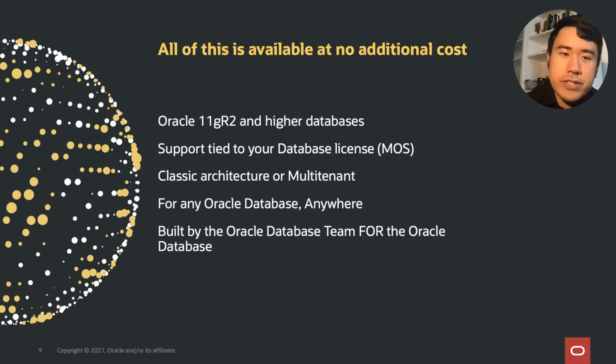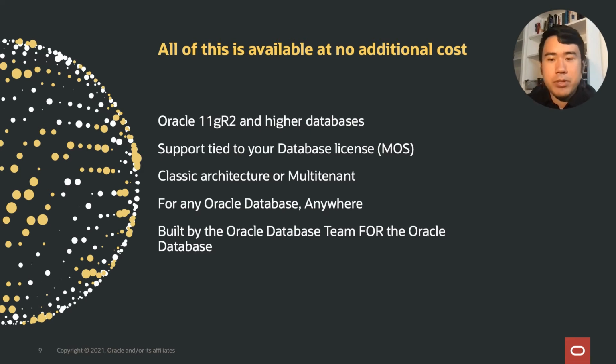All of those features I mentioned earlier are included with our Oracle database license, even if it's a free database. It supports both our classic architecture, like single instance, single database, and also our multitenant architecture. So if you have a container with 200 pluggable databases, you can install ORDS once and have it available for all of your PDBs.